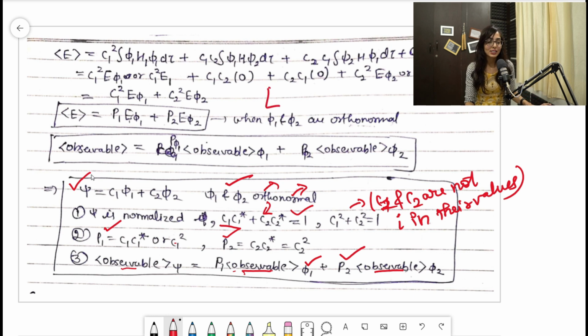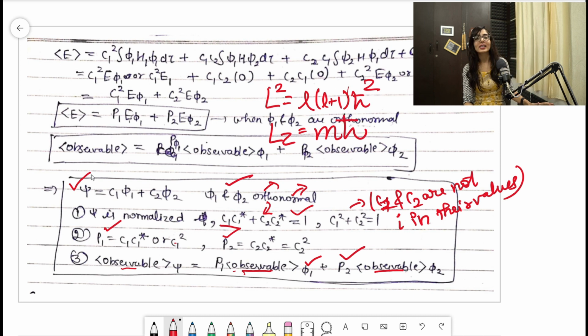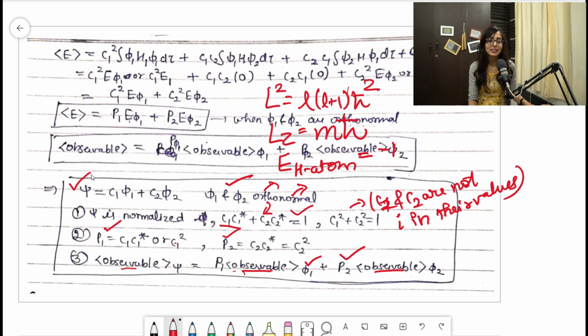Also guys, I want to tell you one more thing. The value of L square is this one. You must be knowing that it is L into L plus 1 h cut square. Clear? Only h cut square is there. And this Lz value is m h cut. Always remember that. And energy for hydrogen atom, you should be knowing, is minus 13.6 Z square by N square electron volt.